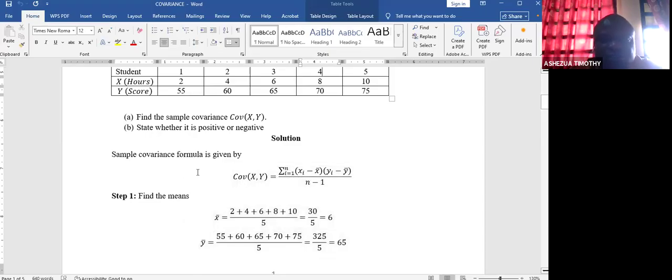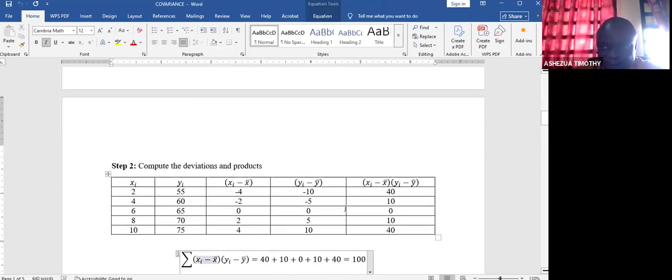So in finding the sample covariance, the very first thing is to get the mean value of x and the mean value of y. Now that we have the mean value of x and the mean value of y, we substitute into this formula.